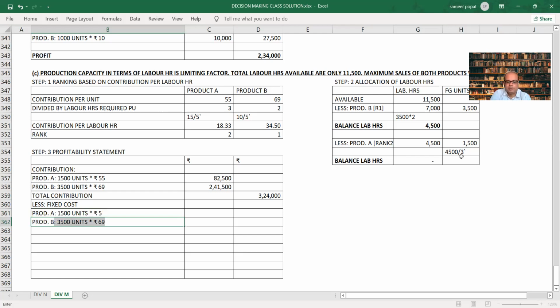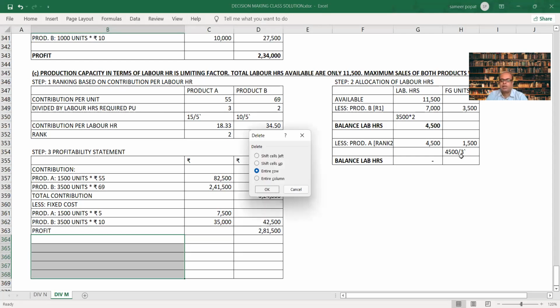From product B, 3,500 units into rupees 10. So that is your total fixed cost, and we'll get profit here. That would be 324 minus 42,500, so 2,81,500.